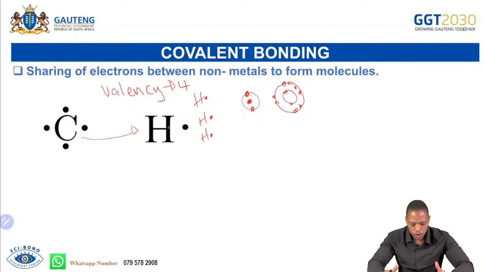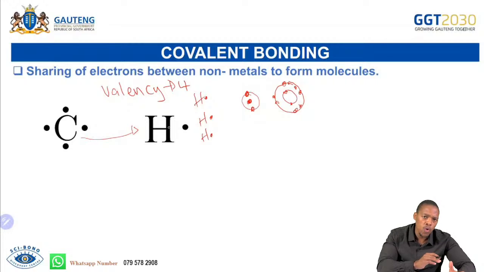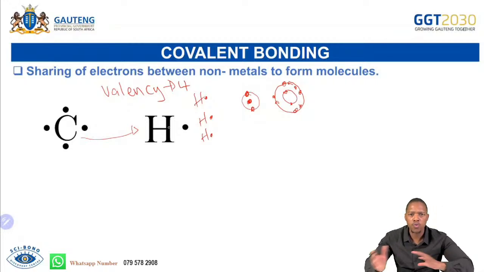Okay, so then they came up with a plan. Let's share the electrons. Let me not be the one who gives to you, and I will also not give to me. We are not going to transfer these electrons. Instead, we're going to share. We are going to come closer to each other, and we're going to put these electrons here next to us.